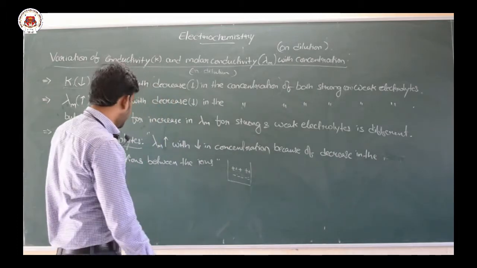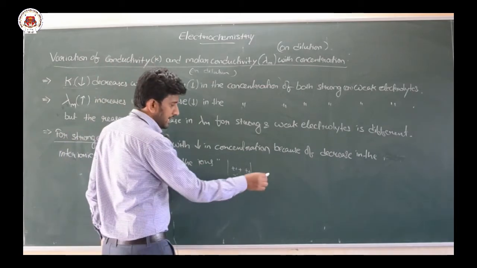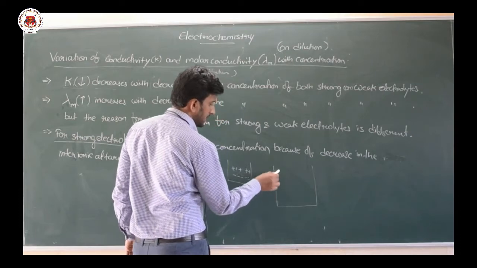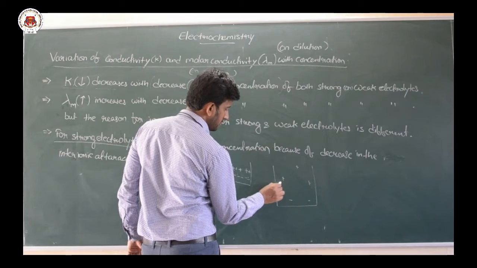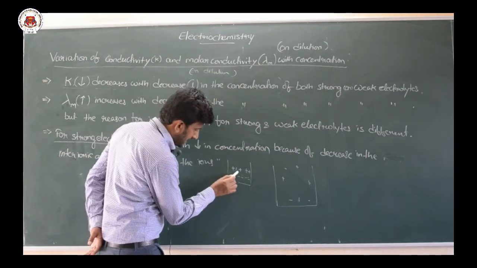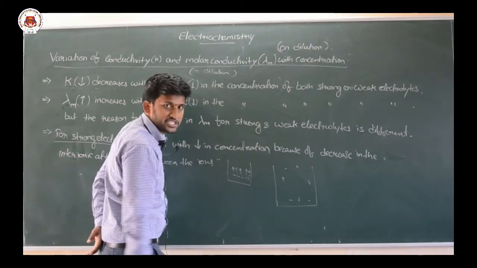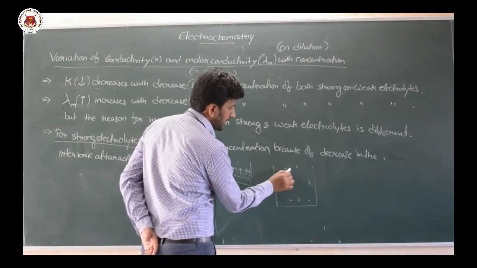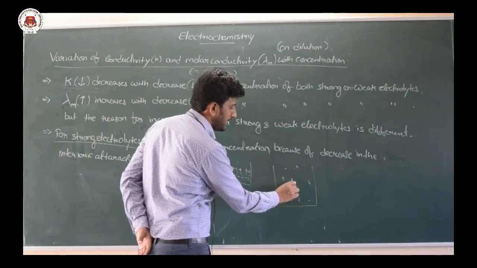Now I have diluted this solution to such an extent that now they are very far from each other. Now whatever the interionic attraction present between the ions in the concentrated state will not be the same as the amount of attractions that are present in diluted state.